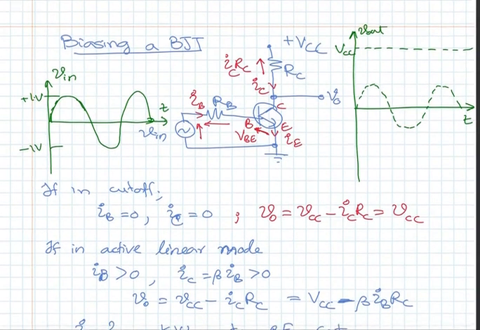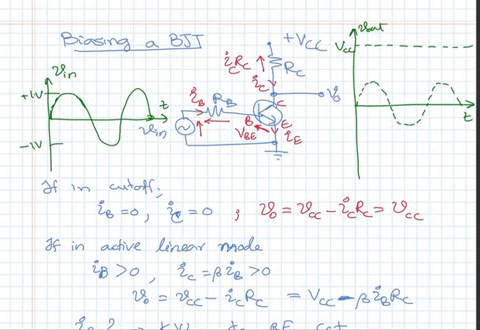So this is 0.7, let's say it's around here. This is 1, this is 0.7, so whenever my signal is below that, all throughout this, my output is actually equal to this value.